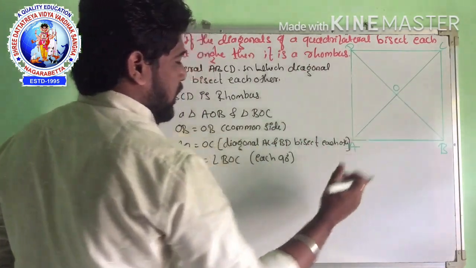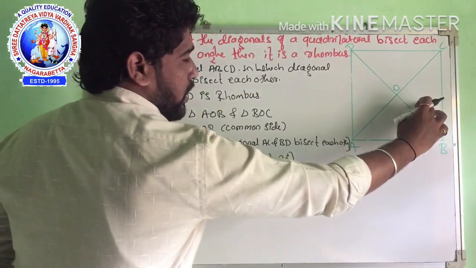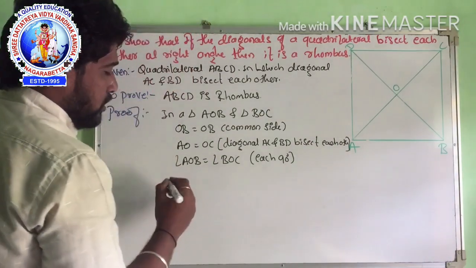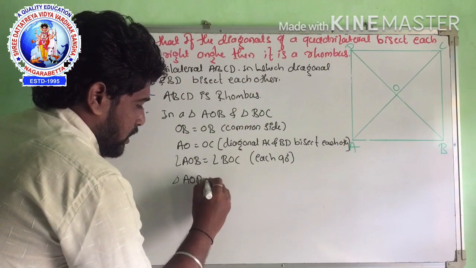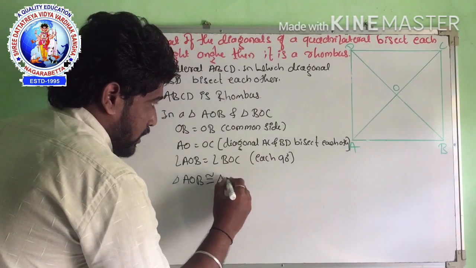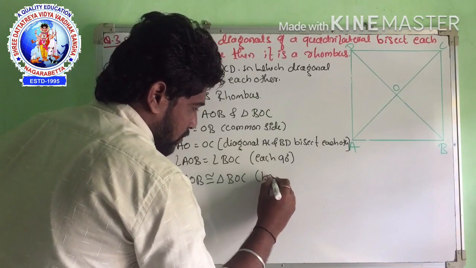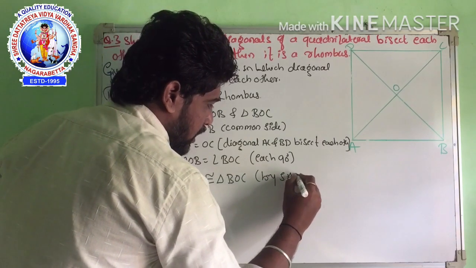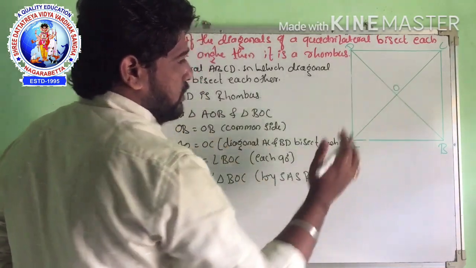So in these two triangles, one angle and two sides are equal, which means these two triangles are congruent to each other. So triangle AOB is congruent to triangle BOC by the SAS rule, side angle side rule.